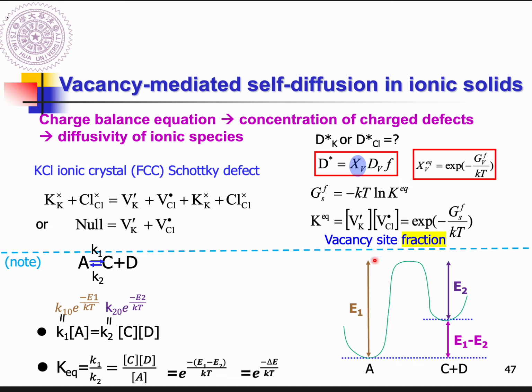So this becomes 1. So you get VK times VCl equals exponential of minus Schottky defect formation energy divided by kT.